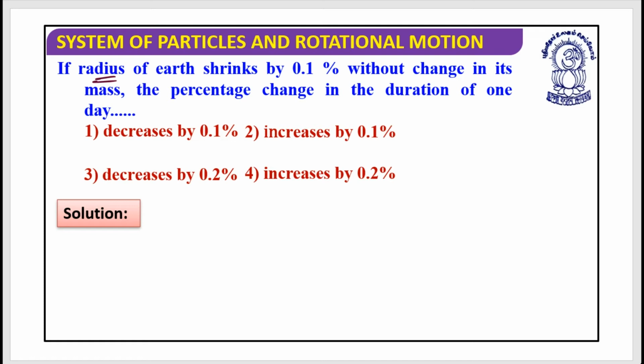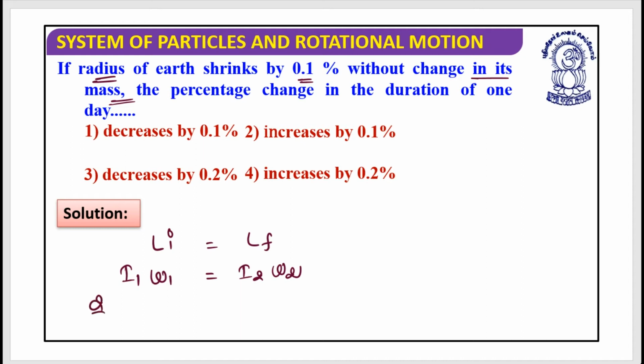If the radius of the Earth shrinks by 0.1 percent without change in its mass, find the percentage change in the duration of one day. So what we understand is Li is equal to Lf, so I1 omega 1 is equal to I2 omega 2.